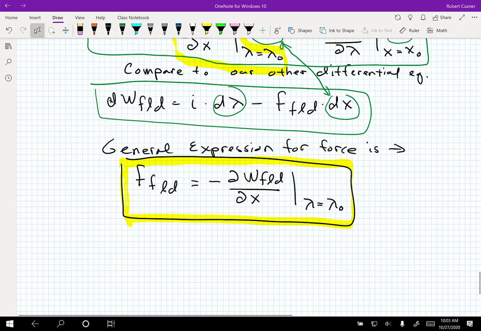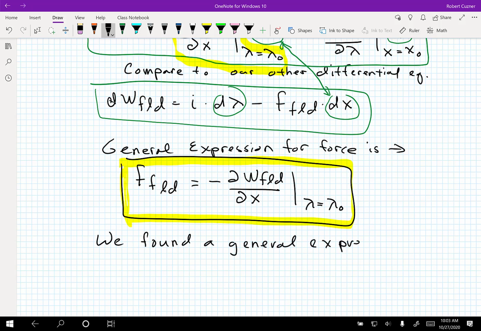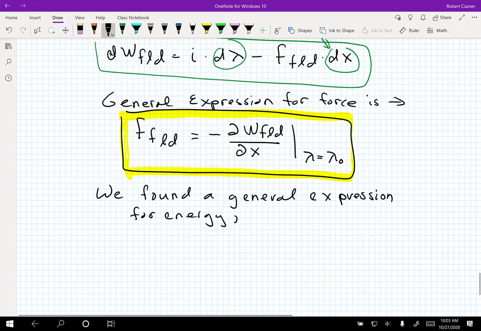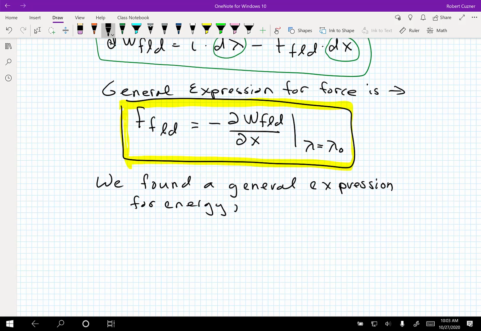We also know that we found an expression, a general expression for energy which was equal to this.